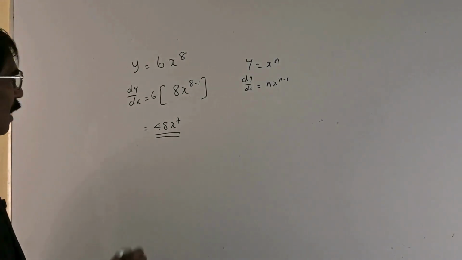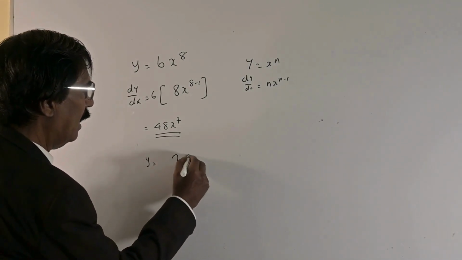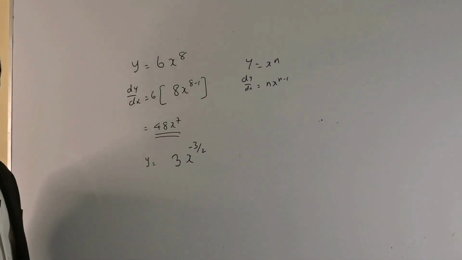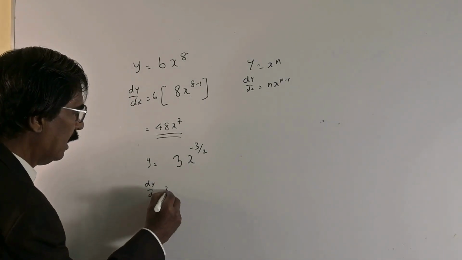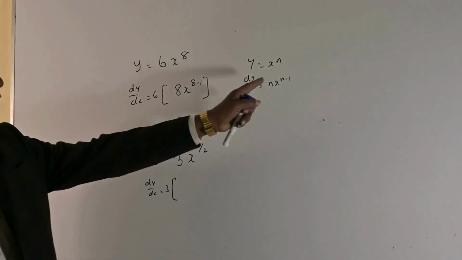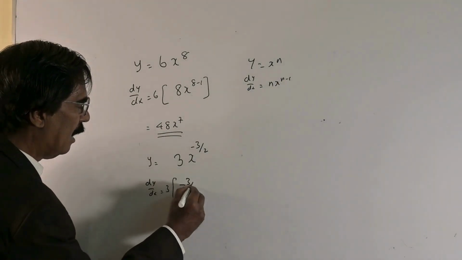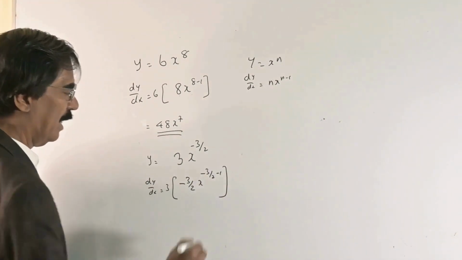Understood? Now listen. Y is equal to 3 x to the power of minus 3 by 2. Dy by dx: keep this 3 out, n into x power n minus 1. What is n here? Minus 3 by 2, x to the power of minus 3 by 2 minus 1.